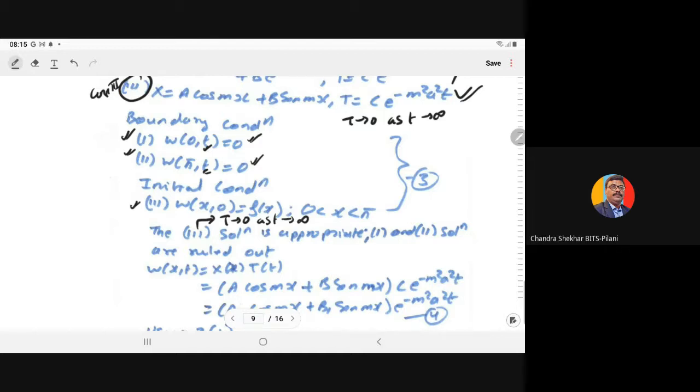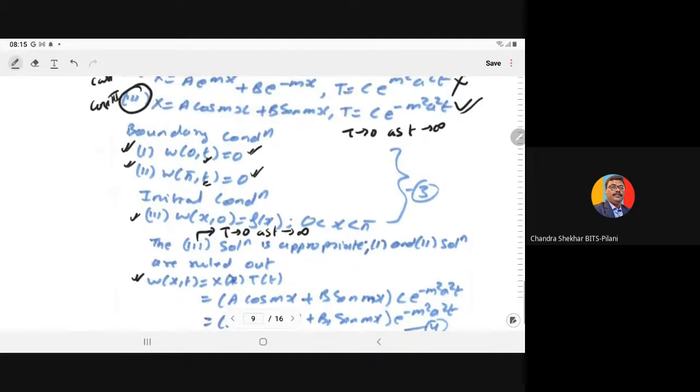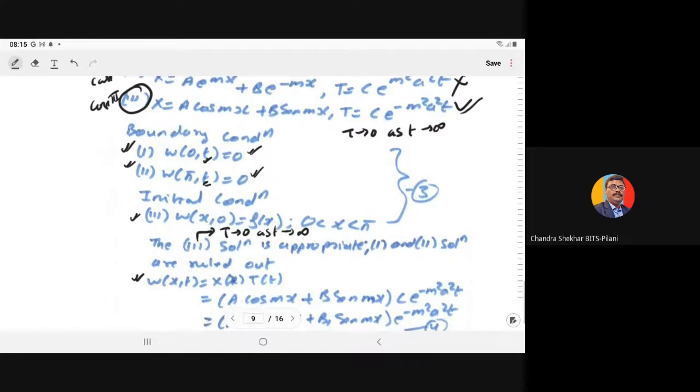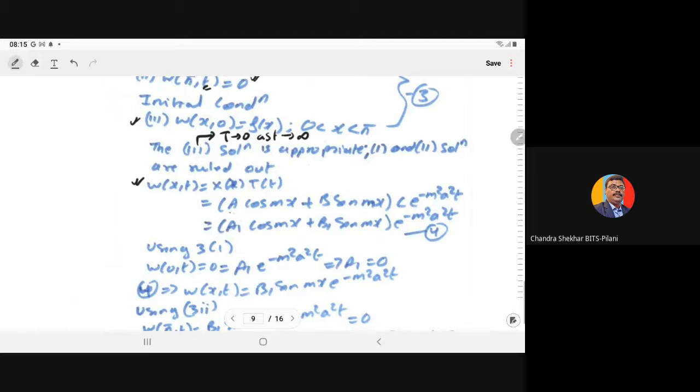Now in the third solution, we put in the boundary conditions and the initial condition one by one. Here w is X into T. X we have computed as a cos mx plus b sin mx, and T we have computed as c e to the power minus m square a square t.